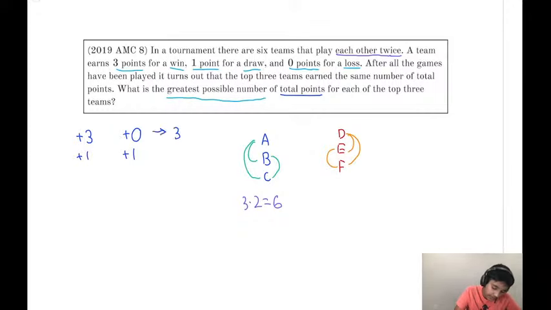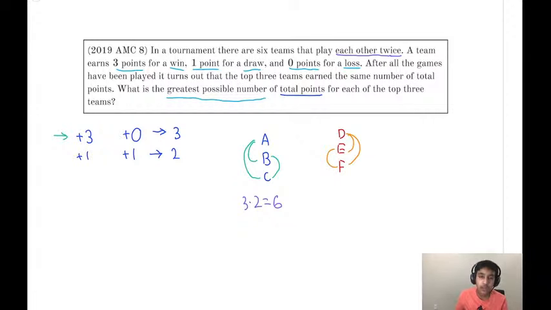But if both teams get 1 point, the total is only 2. So clearly, more points are awarded when the first team gets 3 and the second team gets 0.